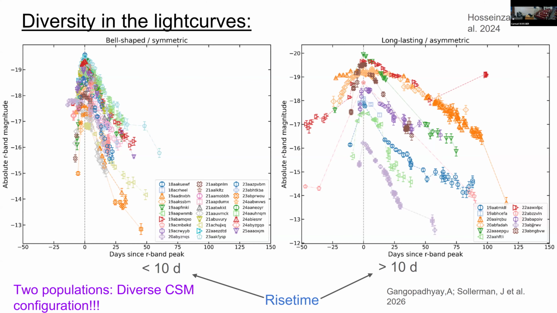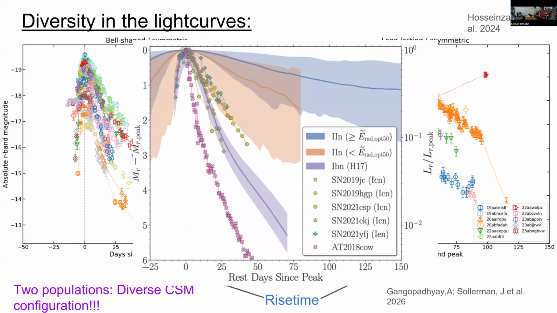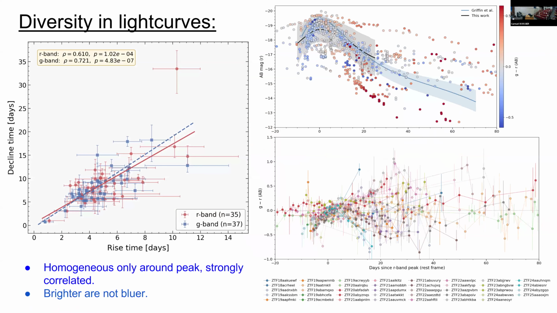So this basically represents that among this class, there are two different populations of the light curve. Now, they were traditionally believed to be the ones that rise fast, decay fast. So this is one from the Griffin's sample, which you typically could match with the ones on the left. However, we see that the ones on the right are very different from what we traditionally believe them to be.